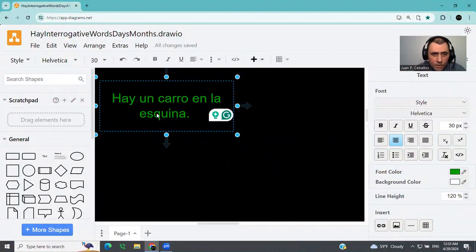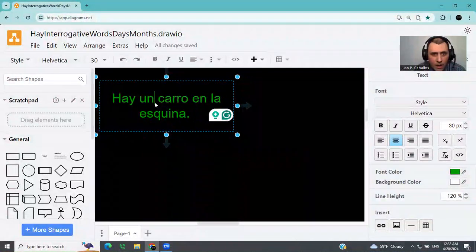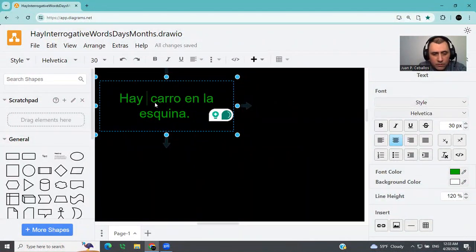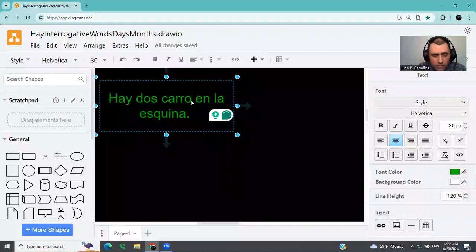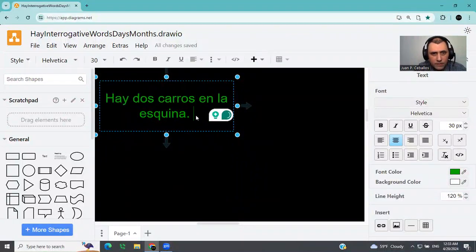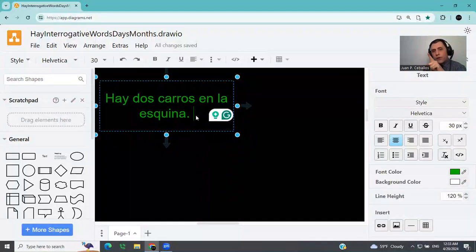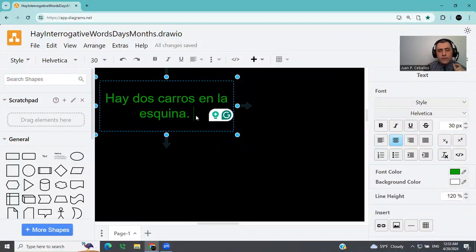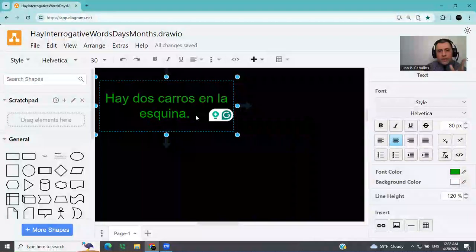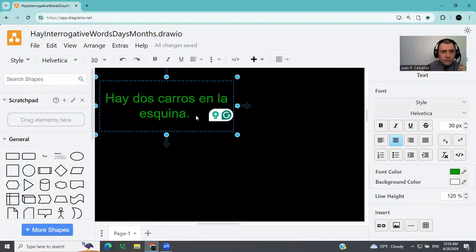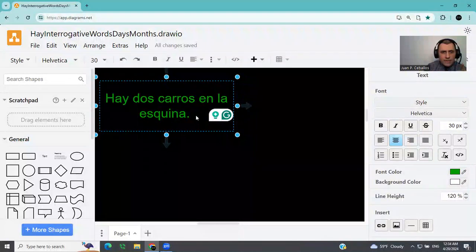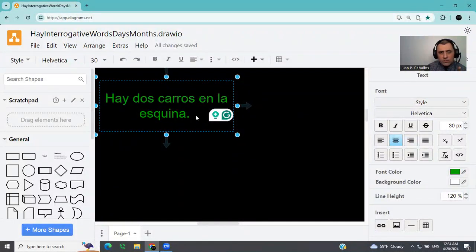Now I can also say: hay dos carros en la esquina, and this translates as there are two cars on the corner of the street. So notice that hay doesn't change.